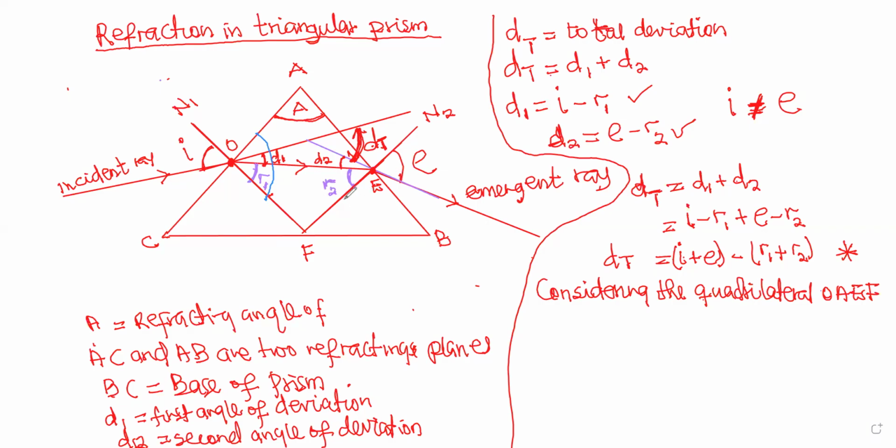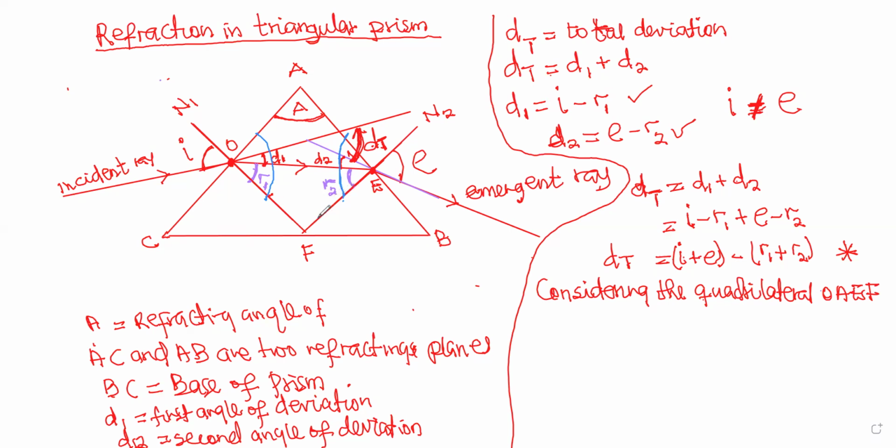What about this angle to AB? What about this one? Also 90 degrees. Good. That's also 90. Meaning if we sum this angle 90 and this one, we must get 180.